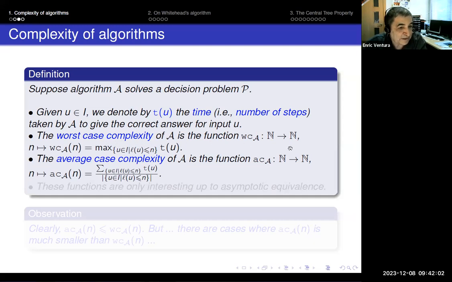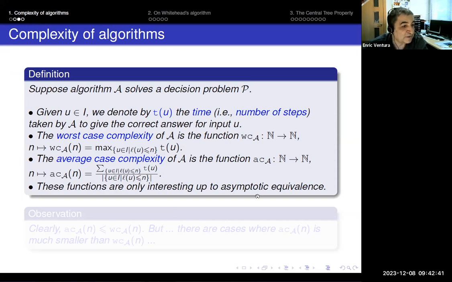The worst case complexity is the function from naturals to naturals, measuring which is the most expensive input among all the inputs of a given size. And then the average case complexity is the same function, but instead of taking the maximum, you average over all inputs of a given size up to n. Of course, all these functions are measuring how good or how bad our algorithm is, but they are only interesting up to asymptotic equivalence.